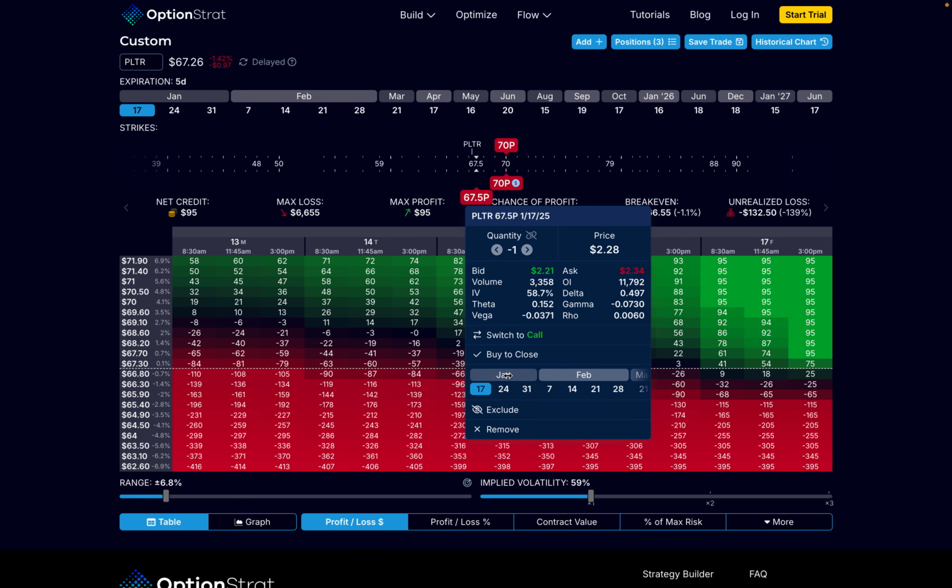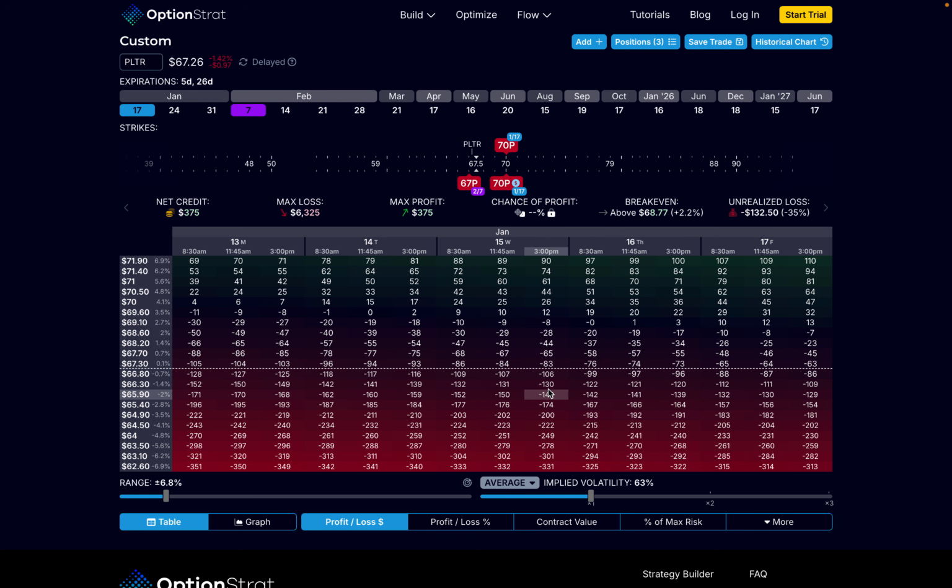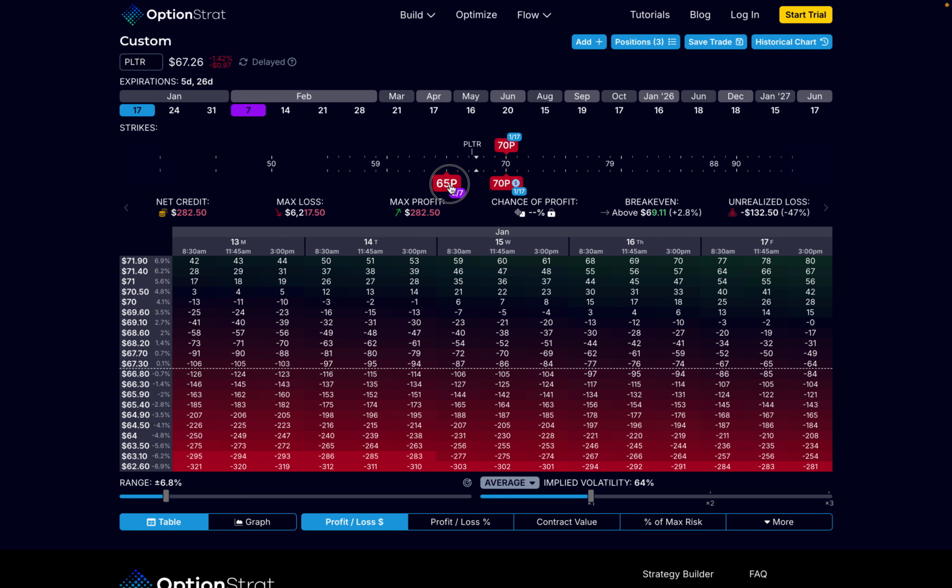I would change the expiration here, I just used February 7th for my example, and sell the put at the $65 strike. I'm still going to get another credit here. Now we can see net credit, $282. If you add the credit from the first put that you sold and the credit we're receiving for rolling our trade, we'd get around $282 for this example.